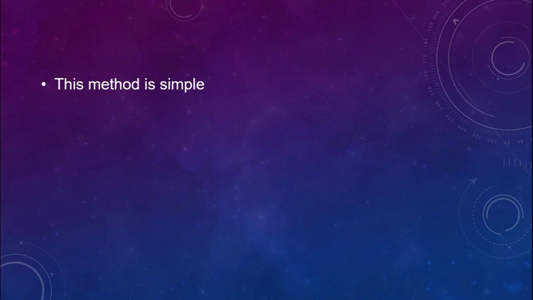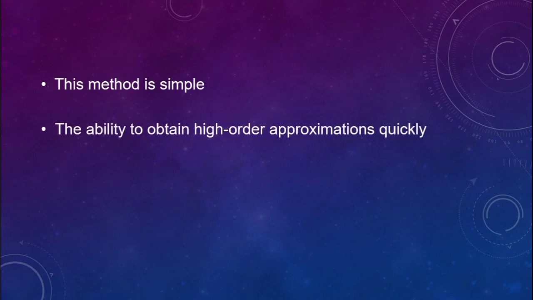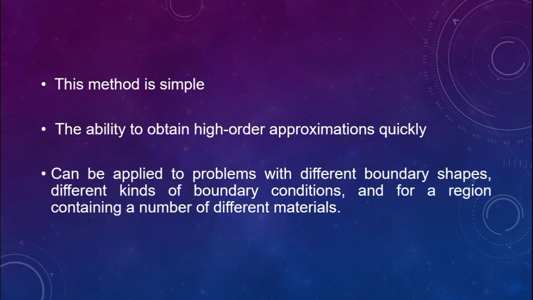Another advantage is the ability to obtain high-order approximations quickly and thus to achieve high-order spatial discretization accuracy. And next, this method can be applied to problems with different boundary shapes, different kinds of boundary conditions, and for a region containing a number of different materials. So, specific reference concerning the treatment of electric and magnetic field problems is made in.